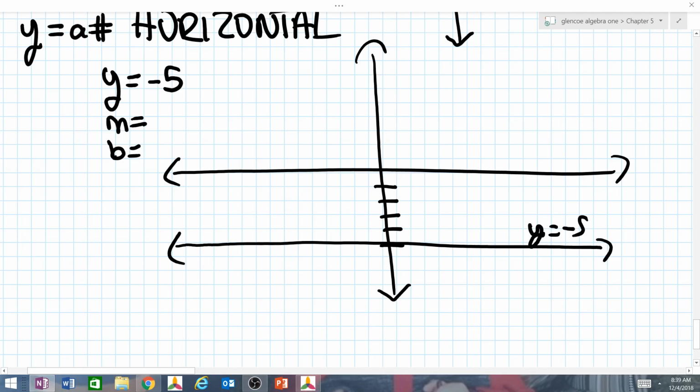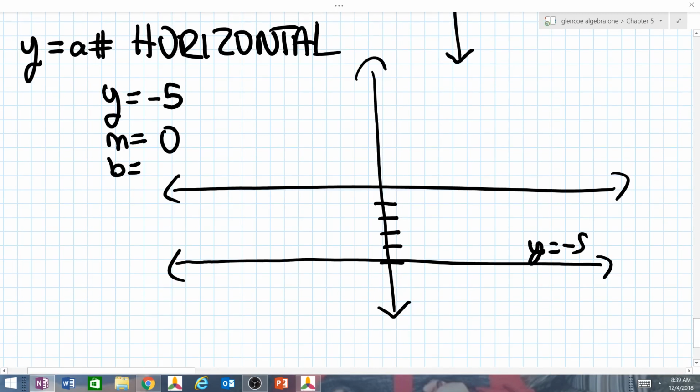Who could tell me what's the slope of y equals -5? Yes, thank you. 0. Good, because all horizontal lines have 0 slope. And what's the y-intercept of this line? Well, look at the y-axis. Where does it cross, guys? And there you go. Are you with me? Did I go too fast?